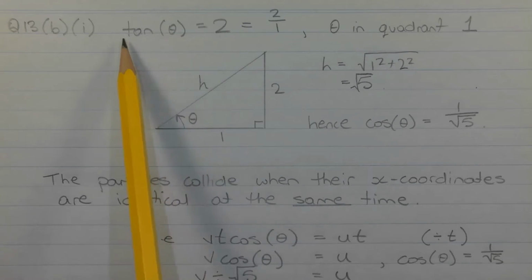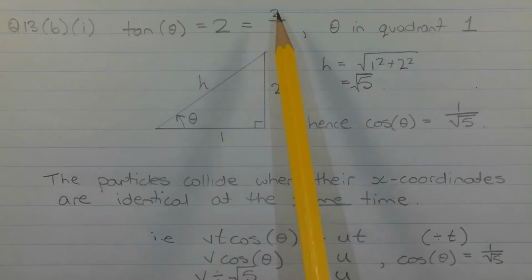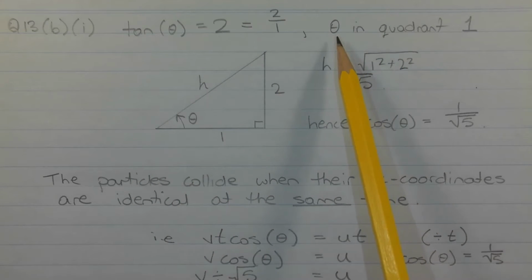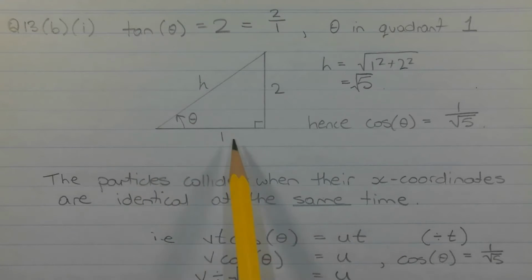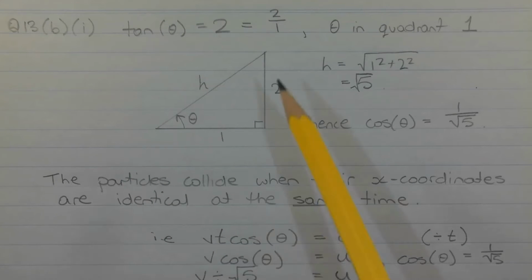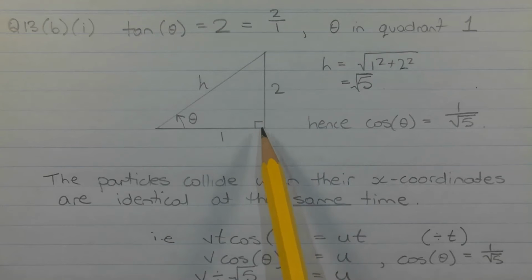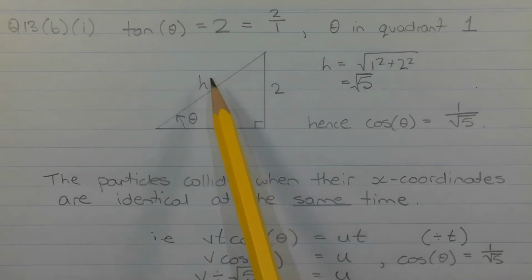It is given that tan theta equals 2, which equals 2 over 1, where theta is an angle in quadrant 1. In other words, it's acute. I've sketched a right angle triangle to model this situation. Here is the opposite side 2, here is the adjacent side 1, here's angle theta, and h represents the hypotenuse.